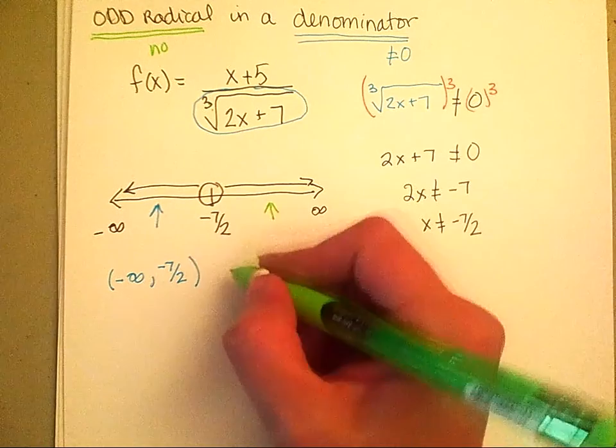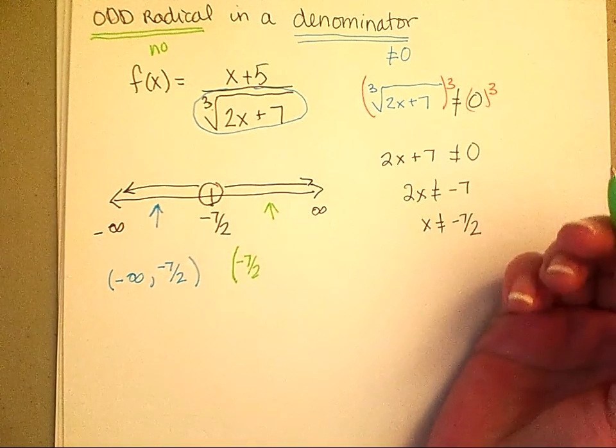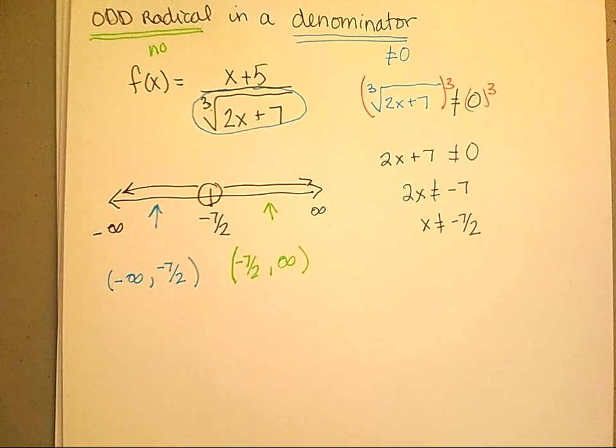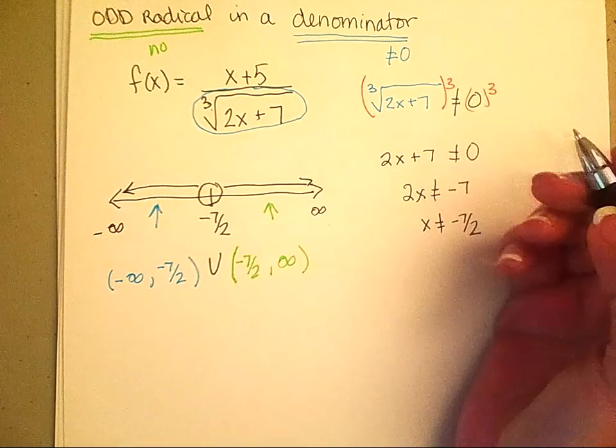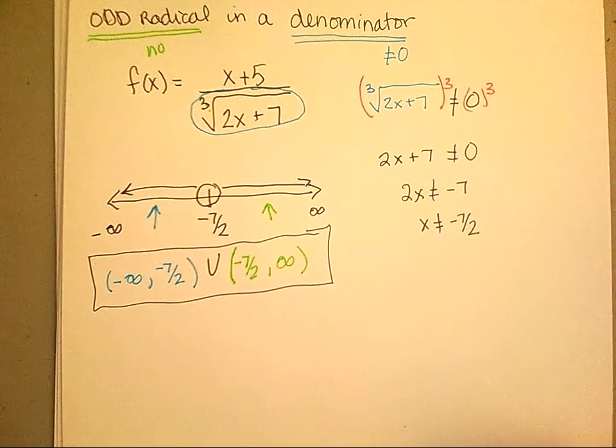The second interval starts at negative 7 halves, doesn't include it, so it'll get the parentheses, and goes to infinity. Now there's a union in between there. And that's how you'd write it on the number line.